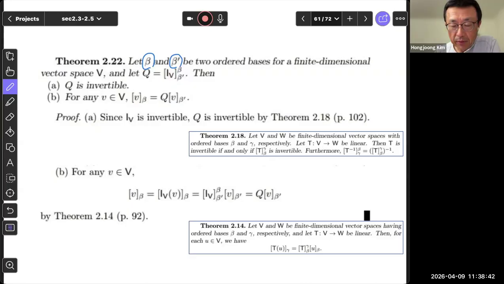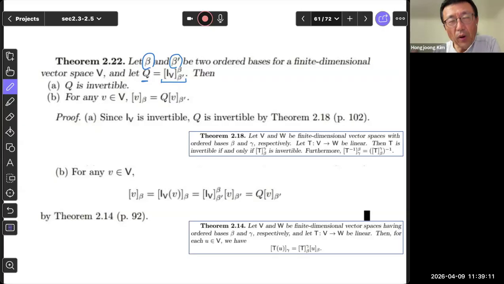And Q denotes the matrix representing the identity mapping, but I'm just changing the basis from beta prime to beta. Okay, first of all, how do I obtain this Q matrix?